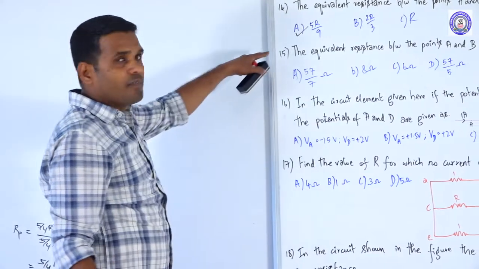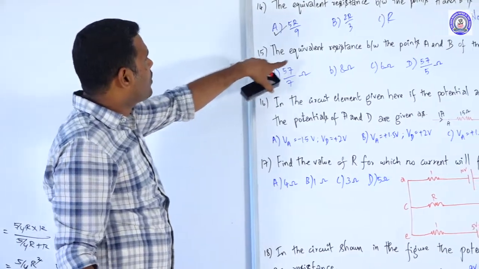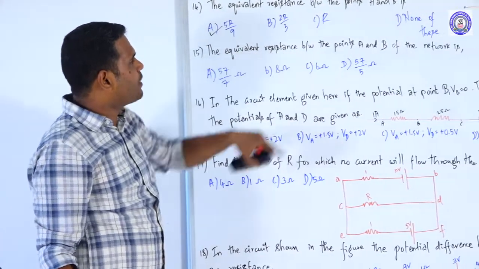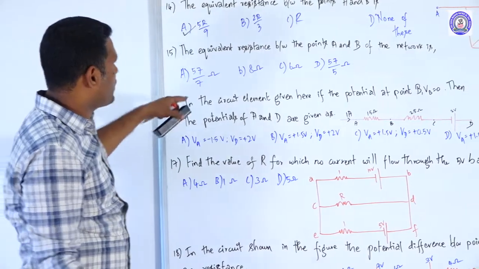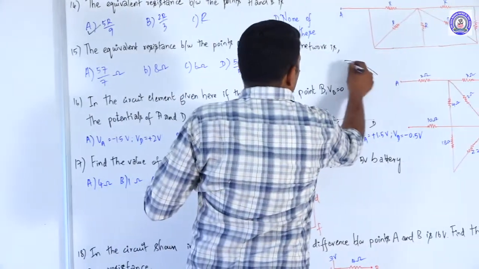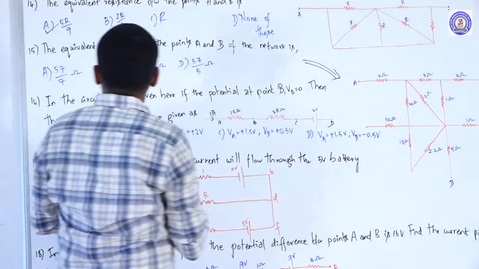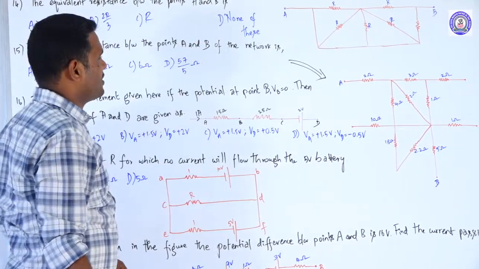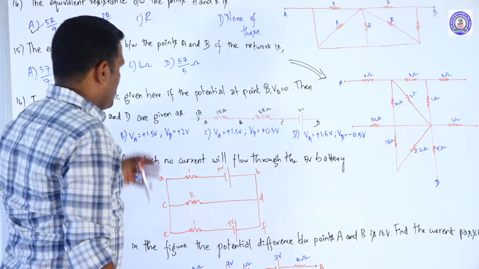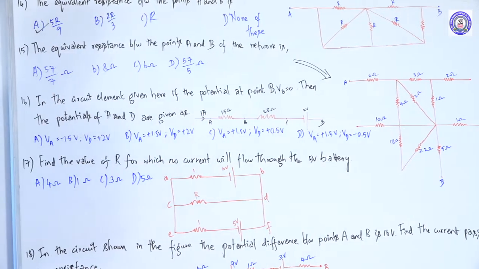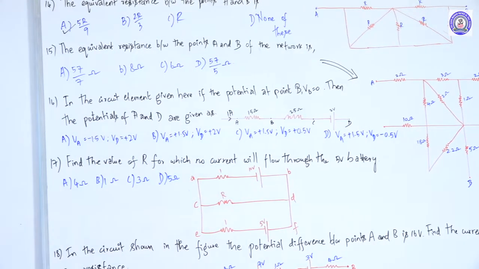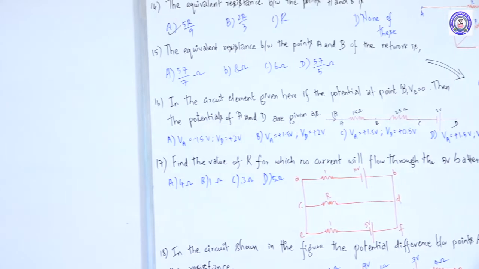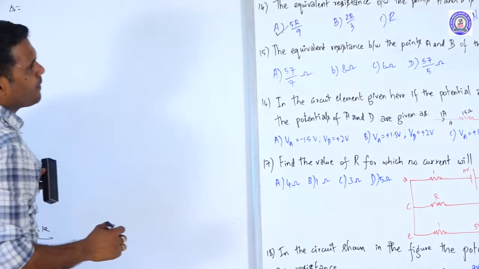Now, question number 15. The equivalent resistance between the points A and B of the network is shown here. Now, we can draw the diagram here and then we can reconstruct. The idea is very simple. Question number 15.